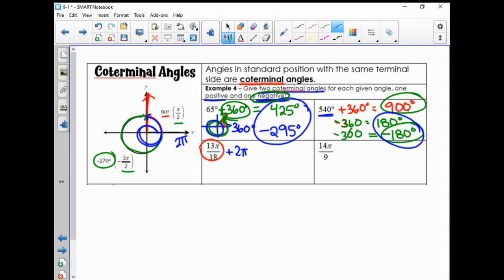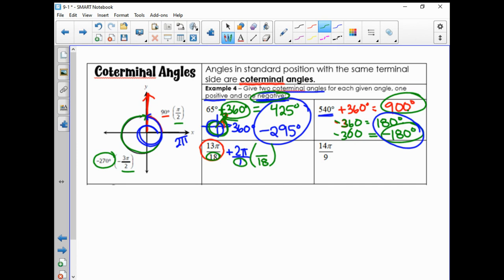Most of them will not. So before you can add fractions, you've got to get common denominators. So notice this denominator here is 18. My denominator is 1. So I can make it 18 if I multiply it by 18. I'm just going to multiply both of them.